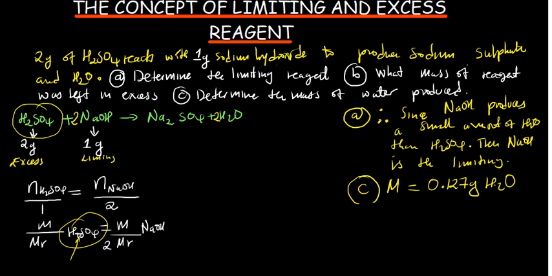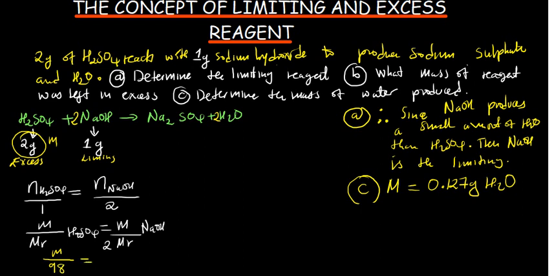All right. So now we are going to say mass over molar mass. Remember the question is saying what mass of reagent was left in excess. You know that this is the excess reagent. So what you do is take it as if you don't know this mass. You want to find the mass which reacted. So we're going to say mass, we don't know the mass which reacted, over the molar mass for sulfuric acid, we already found that was 98.